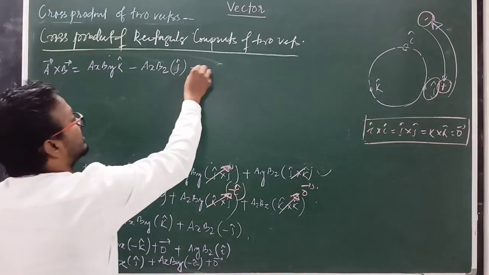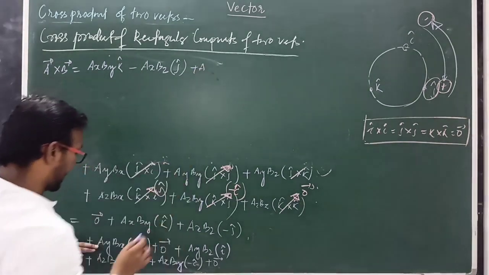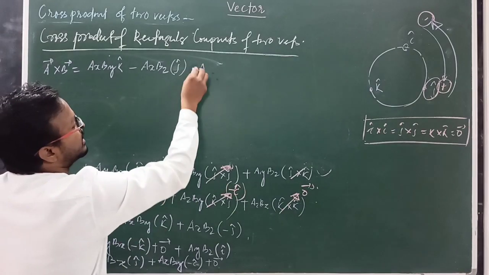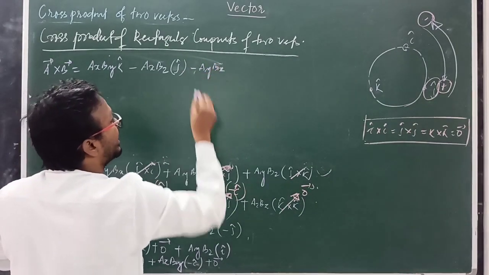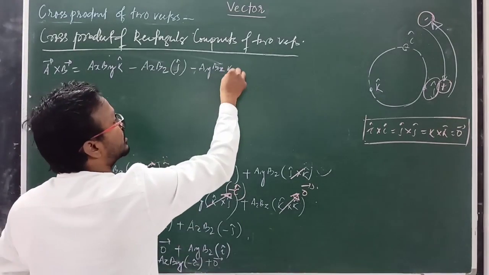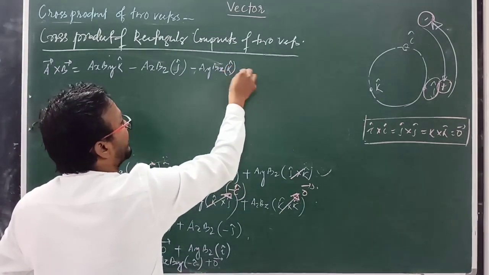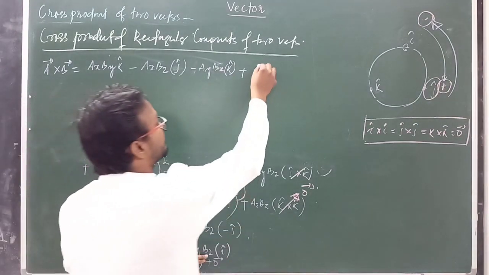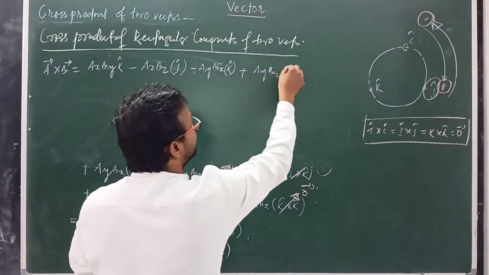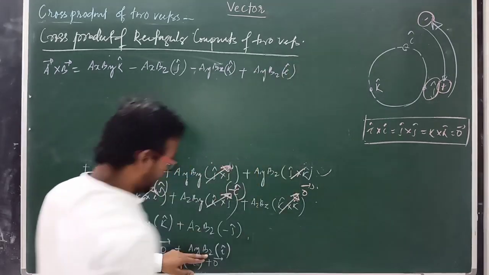ay bx plus here negative sign, writing directly here minus ay bx into k cap, plus ay bz i cap.